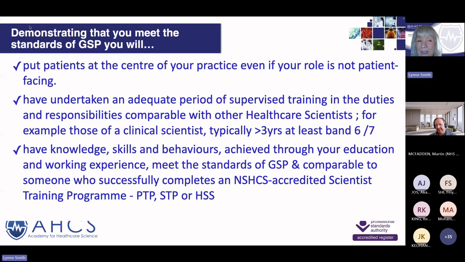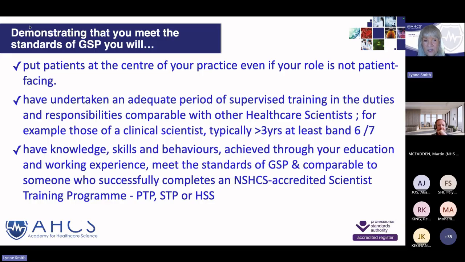And I can absolutely guarantee to you, even if you're non-patient facing and are never likely to see a patient face to face, you will always be able to meet the standards because that patient is represented as your barcode, as your device, as your data, because at the centre of that is the patient and they've given consent for you to be undertaking investigation, etc. on their behalf.